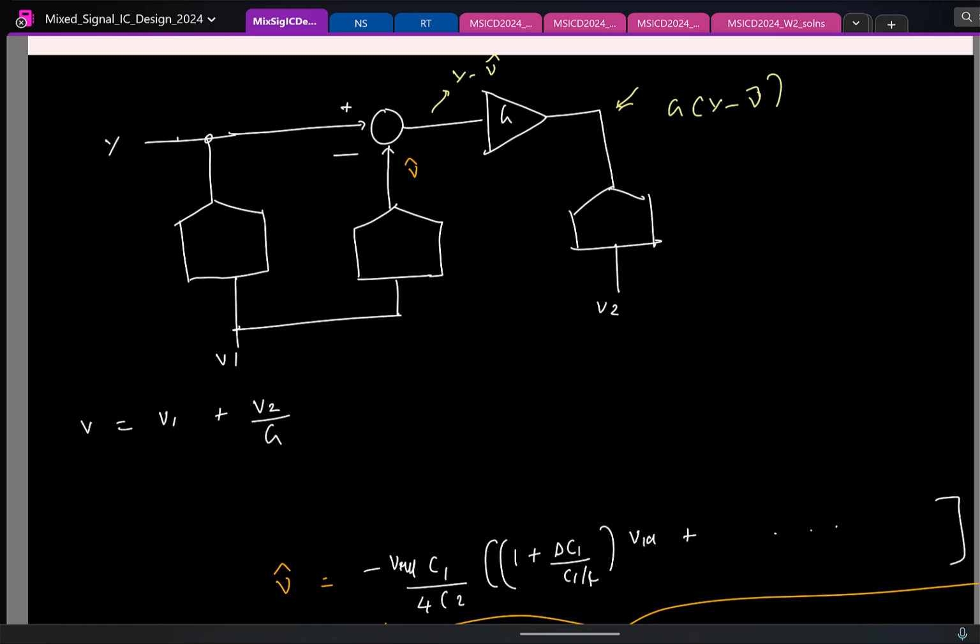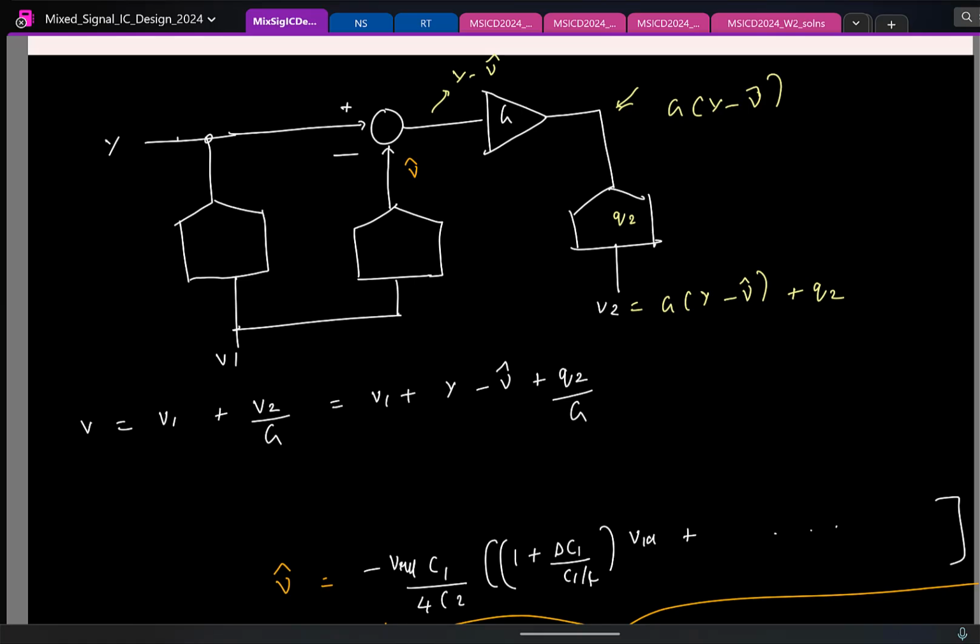If the second ADC adds a quantization noise Q2, what is V2? V hat plus Q2, right? Now if you rewrite this, I'll have V1 plus this entire term by G. What will come if you divide this by G? We have Y minus V hat.